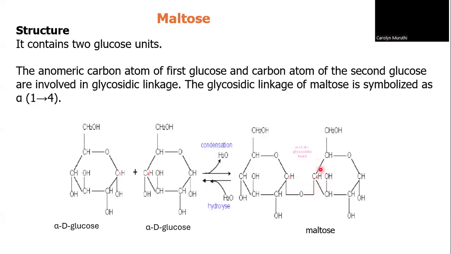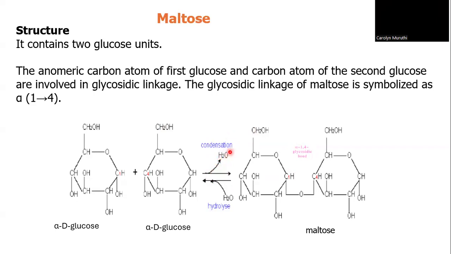So the first alpha-D-glucose will have the first carbon forming a linkage with the carbon at position 4 of the second glucose molecule. And so it will result in an alpha-1,4 glycosidic bond. And this reaction is a condensation reaction resulting in the release of water.